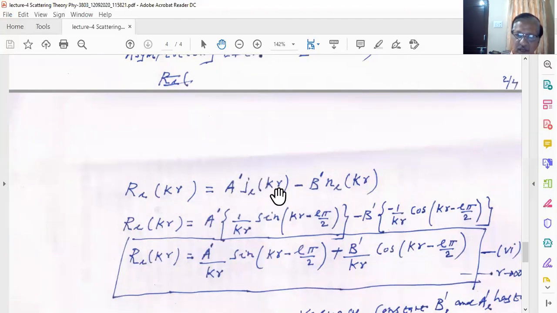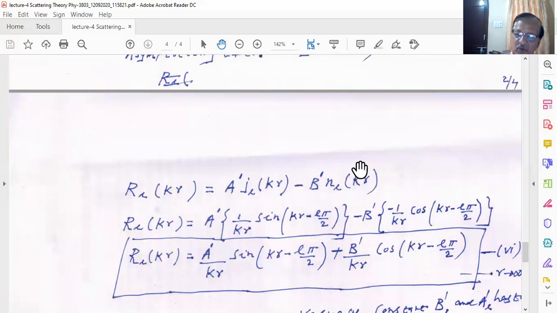Now I put the value of JL of KR when r is very large, which we have already substituted, equal to JL of rho. JL of rho is 1 upon rho sine of rho minus L pi by 2 when rho tends to infinity. Rho is basically KR, so 1 upon KR sine of KR minus L pi by 2. This is the value of JL of KR when r is very large.